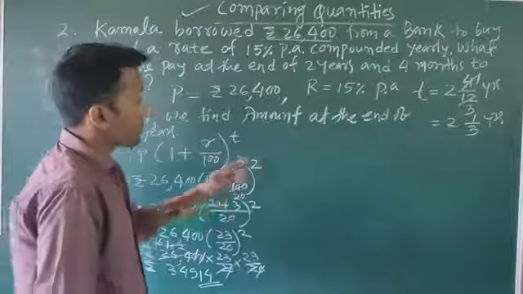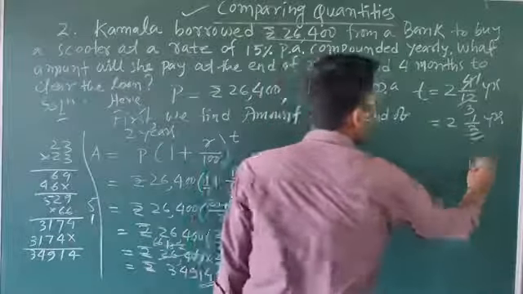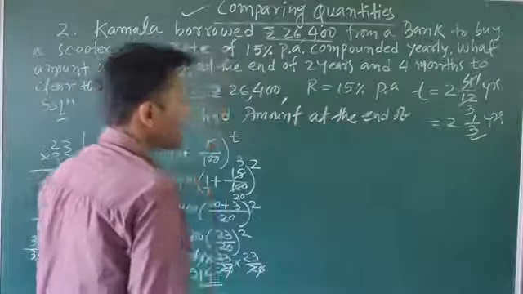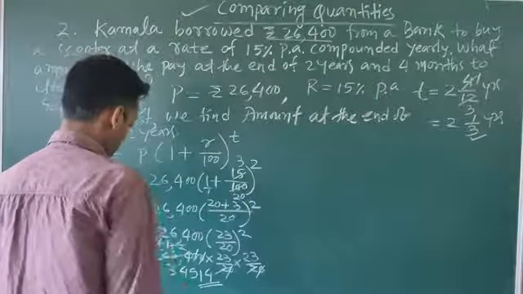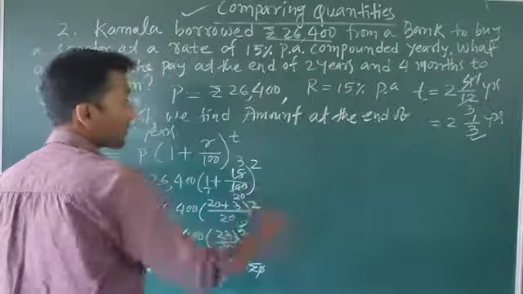Now time is 2 and 1 by 3 years. You have to use the simple interest formula to find the interest for 1 by 3 years.